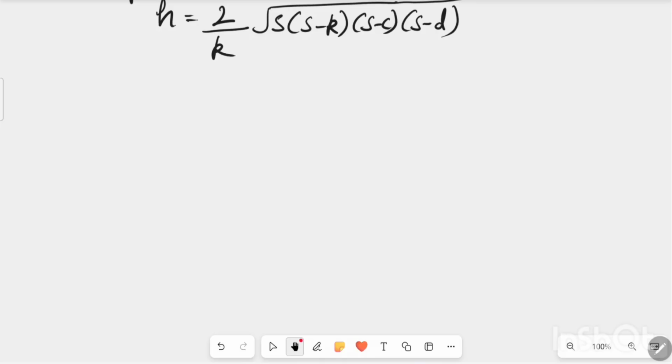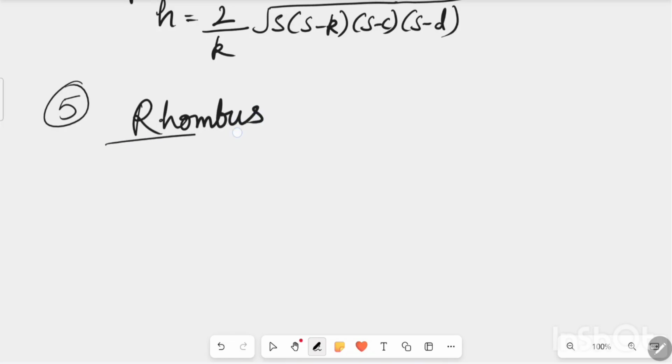Now rhombus. Number 5 is rhombus. A parallelogram is a rhombus in which every pair of adjacent sides are equal.